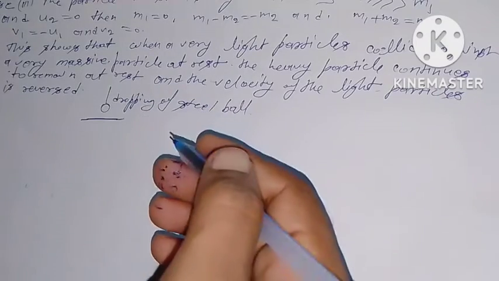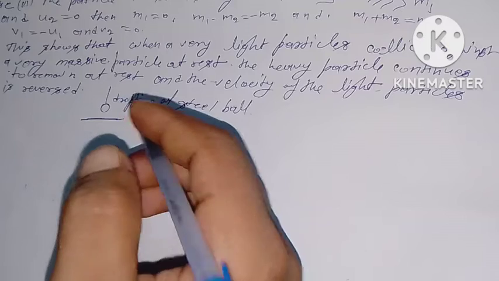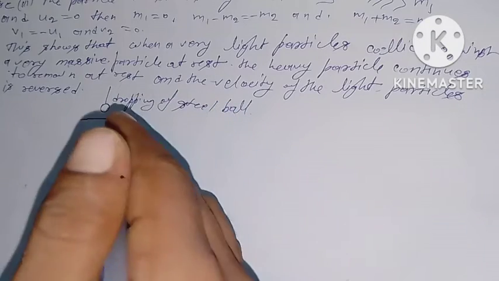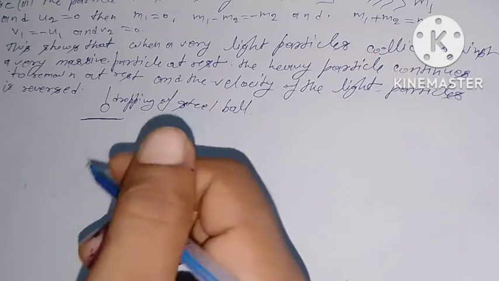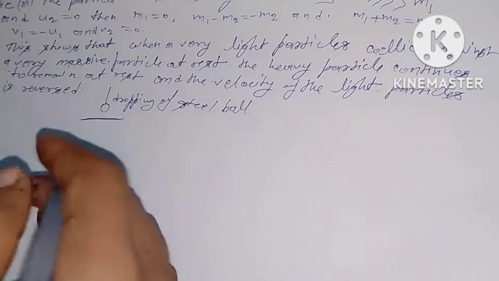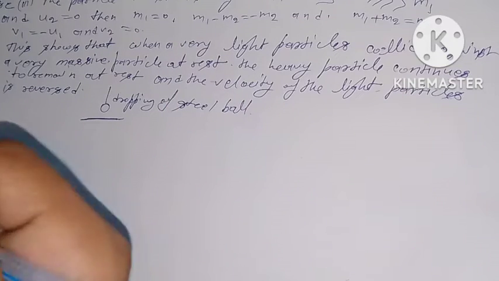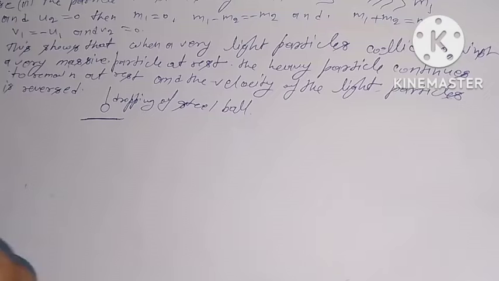This is in fact a collision between the light ball and the massive ground at rest. The velocity of the ball is reversed on impact. This is judged from the fact that the ball rises to the same height from which it was dropped.